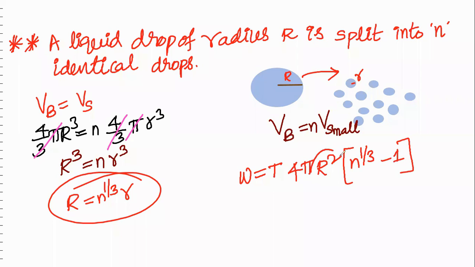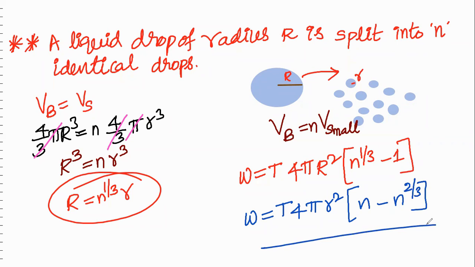In terms of small r also we may write the same formula. Work done in splitting the drop, W is equal to T into 4 pi small r square into n minus n power 2 by 3.